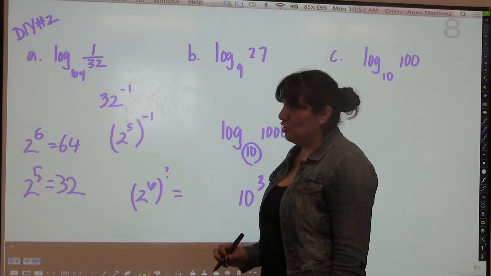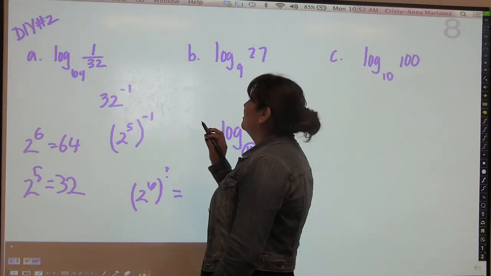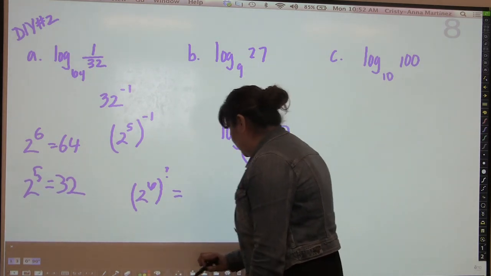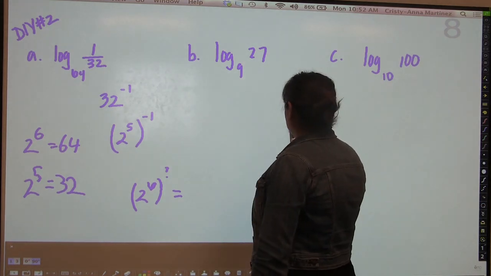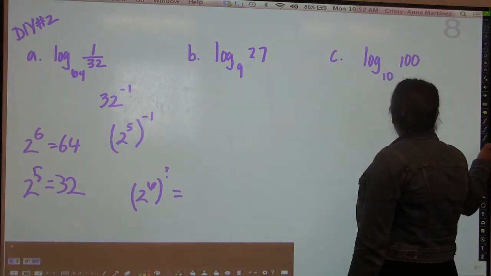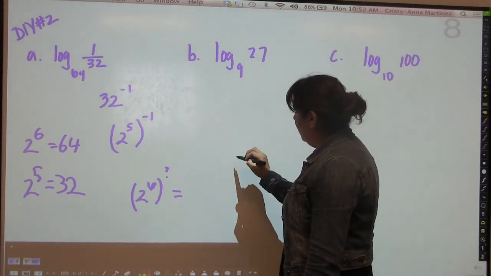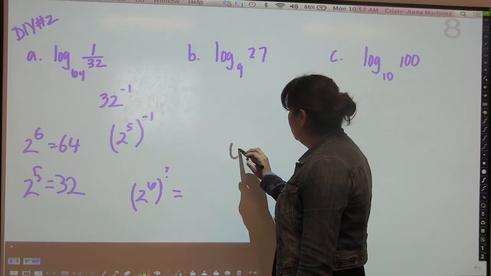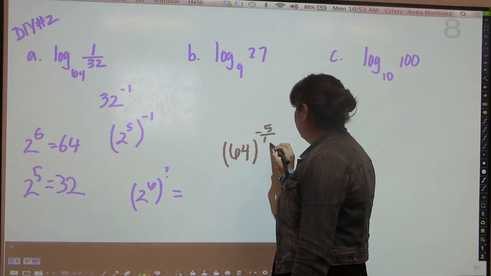So, you don't know? Okay, let me just show you what I'm doing and I'll go backwards so that you can see. I think the answer is 64 to the negative 5/6 power.